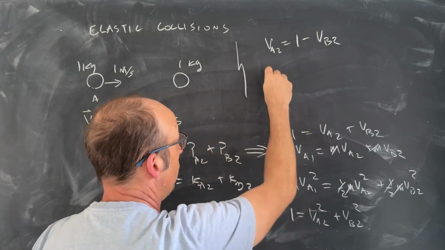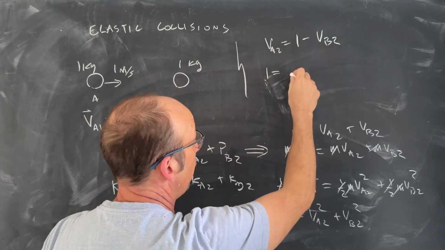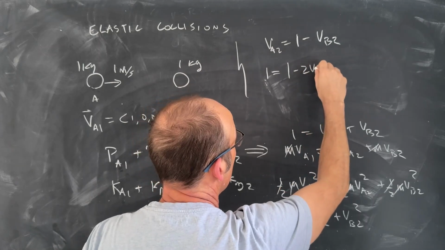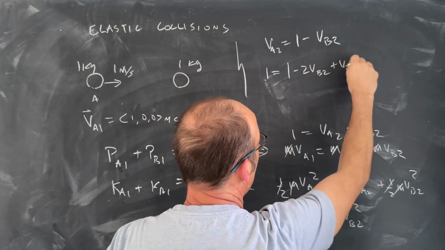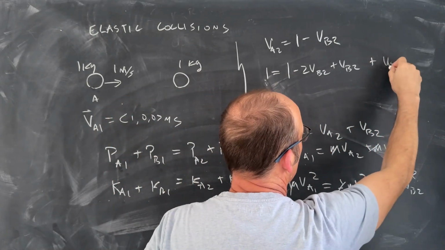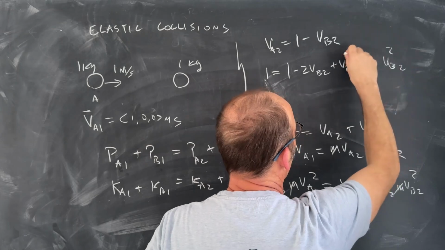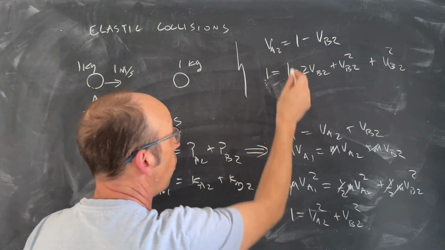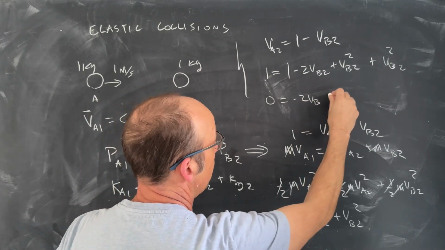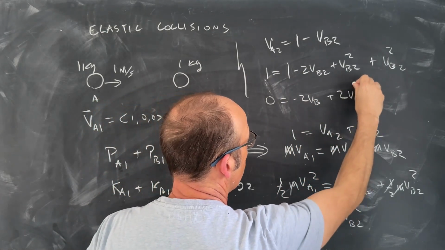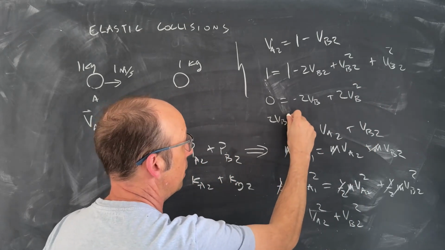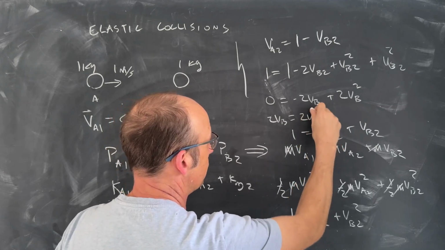Now if I plug that in down here, I have 1 equals that squared. I'm going to go ahead and square it out: 1 minus 2VB2 plus VB2 squared. So the 1's cancel, and I get 0 equals negative 2VB plus 2VB squared. I can move that to the other side: 2VB equals 2VB squared.